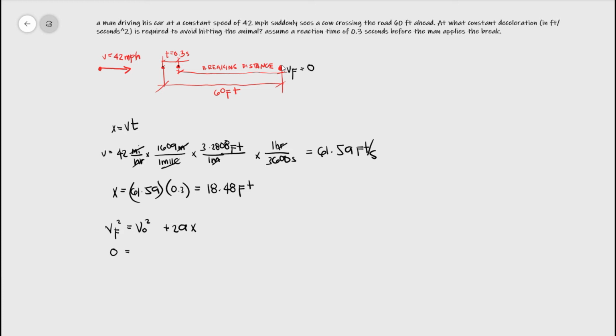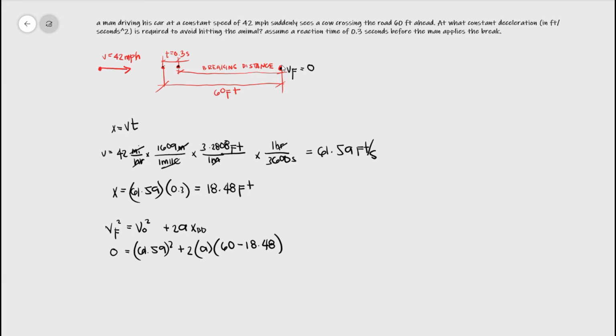Next, the initial velocity is 61.59, squared, plus twice the acceleration. We are looking for the value of the acceleration, and the distance traveled, our braking distance x, will be 60 minus 18.48.